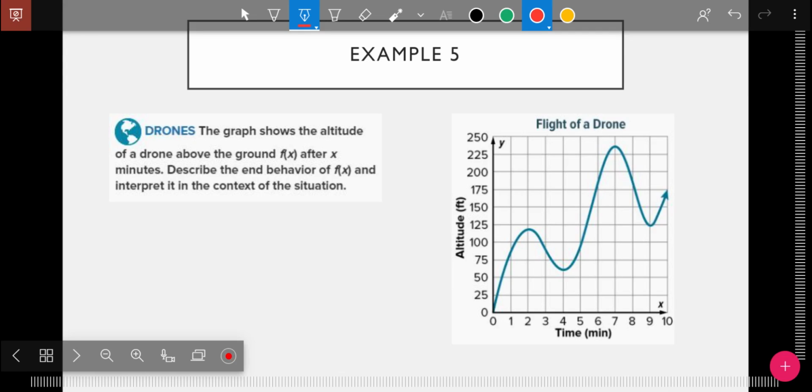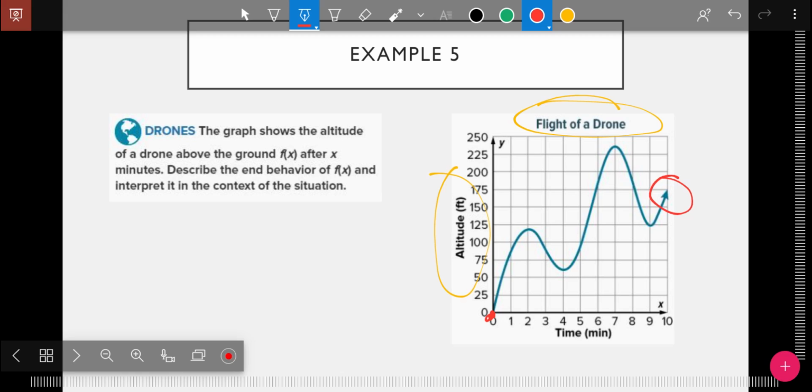All right. Now, you're going to be asked to describe what's happening at the end behavior in the context situation. So in this situation, we have a drone. So we know a drone is in the air flying. Altitude is height. We know it's flying up and down. Now, this down here is not an end behavior. It's just not continuing on. It's stopped. This is an end behavior.